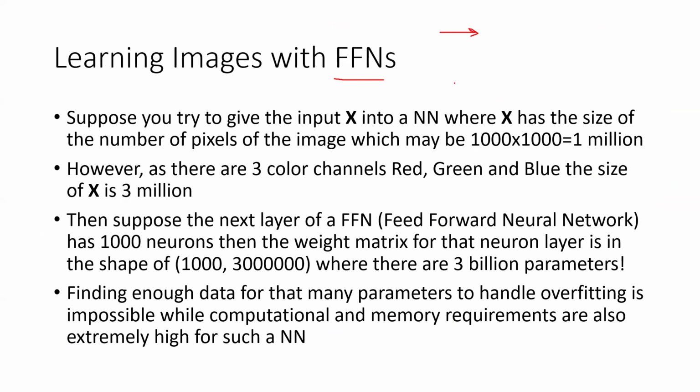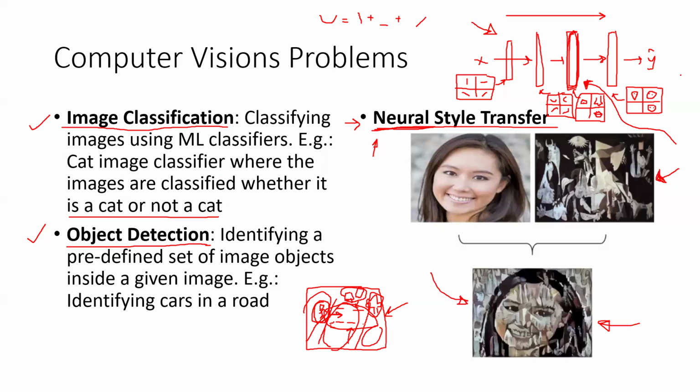Fully connected means all the neurons in this layer are connected to this layer. All the neurons in this layer are connected to this layer, right? Not only some of the neurons are connected to these values and so on, because then they are not fully connected, right? Fully connected means all the neurons are connected to all the neurons in the subsequent layer, right?